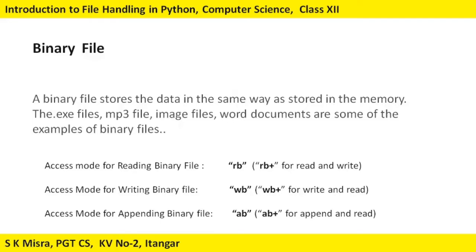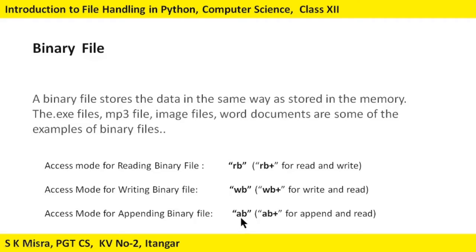Now let us recall the file access modes, as there are in text files. The similar thing is present in binary, but here we have an additional character B always. For read in a text file we have R only. Now we have RB, which stands for read binary. Similarly, for writing a binary file the mode will be WB, write binary, and for appending binary files it will be AB.